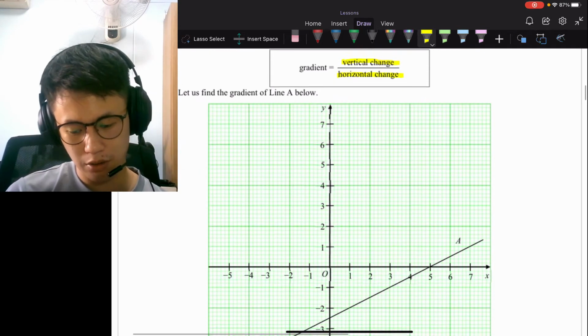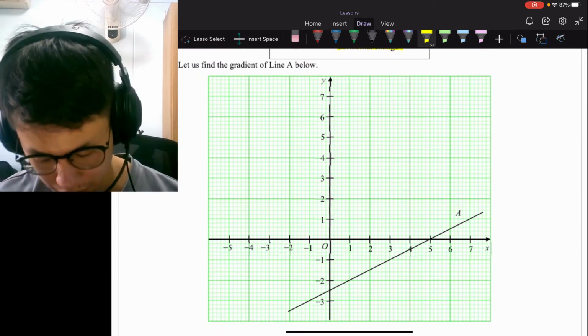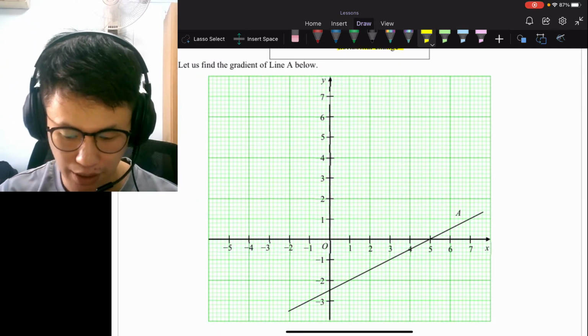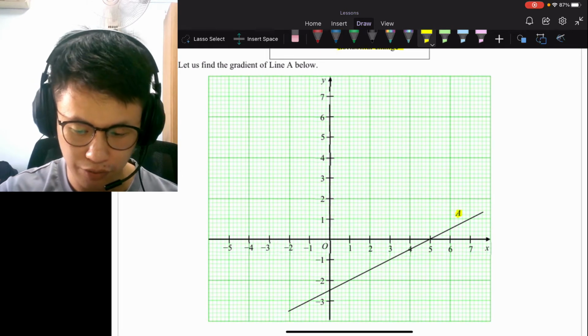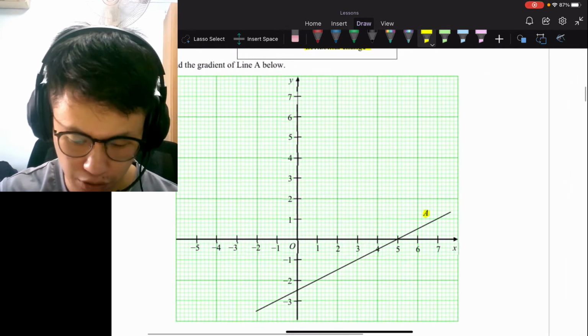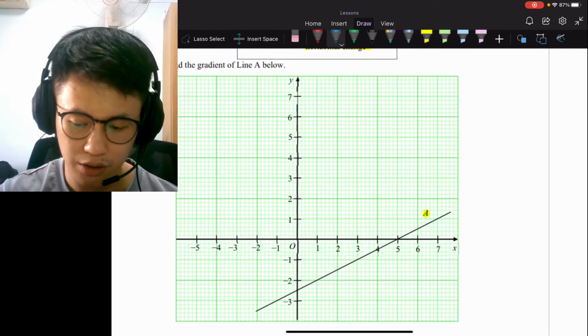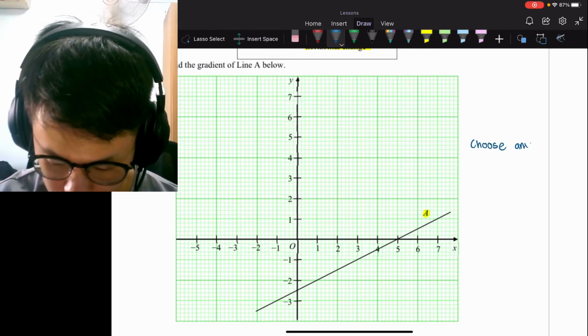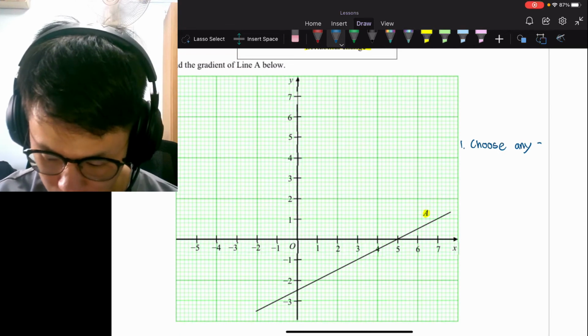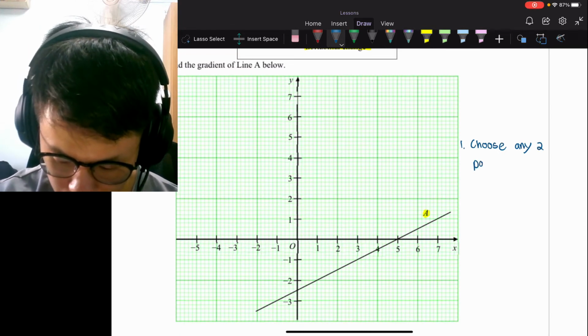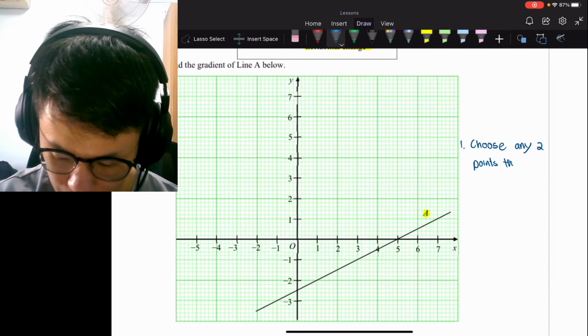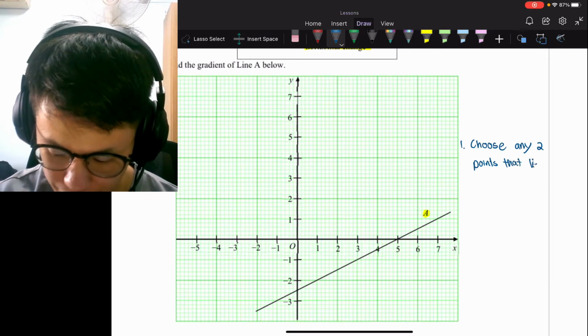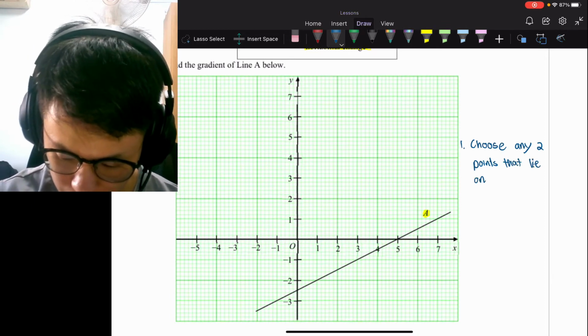So let's look at this line here, line A. The first step to finding your gradient is to choose any two points that lie on the line.